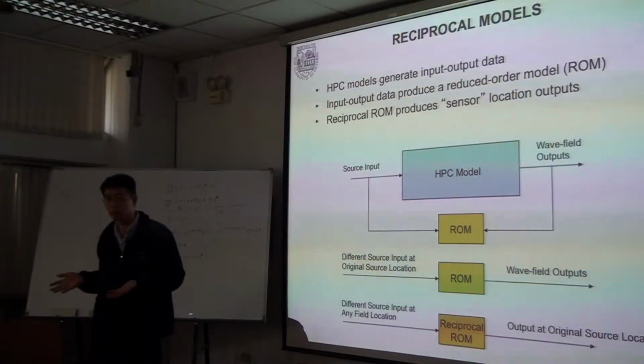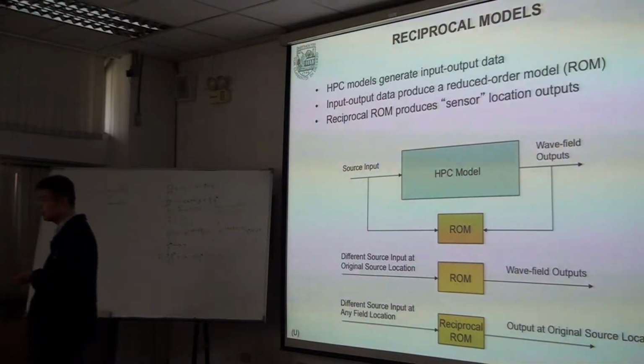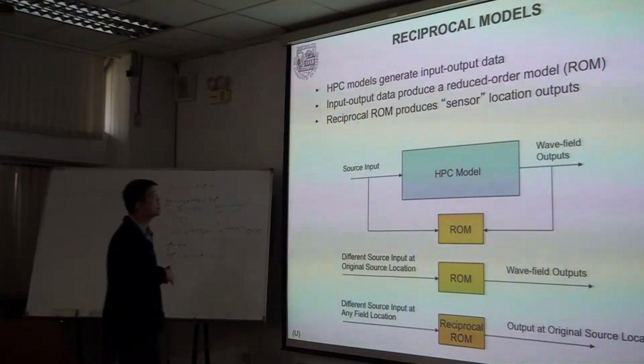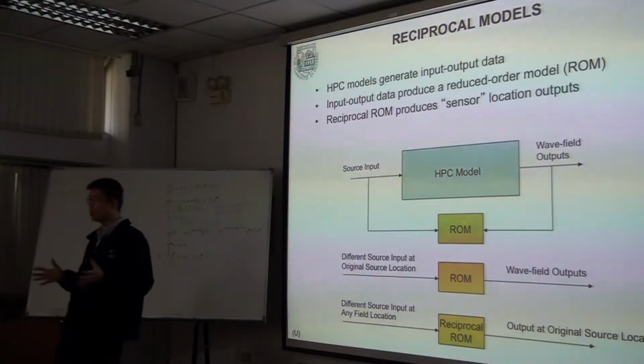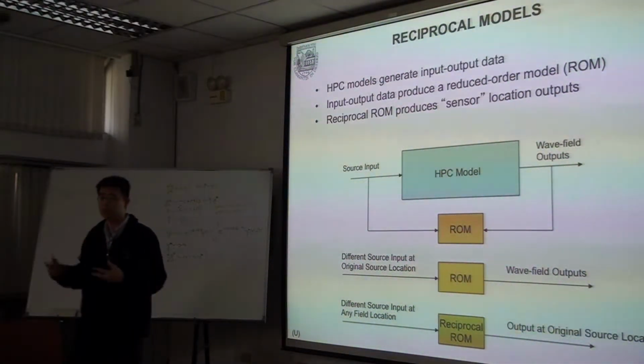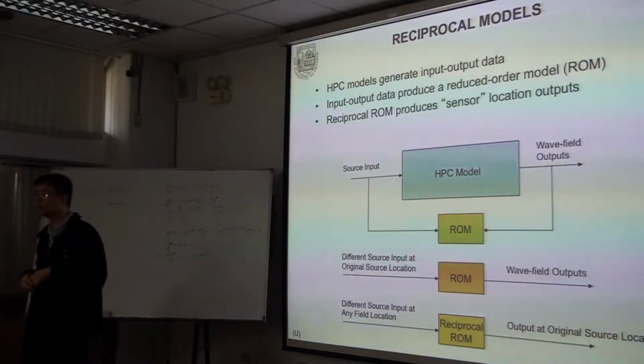That's impossible to do. So what we do is we rely on this principle, reciprocity in structural dynamics. It says that if you take the forward model and transpose it, you get the reciprocal model. Okay?